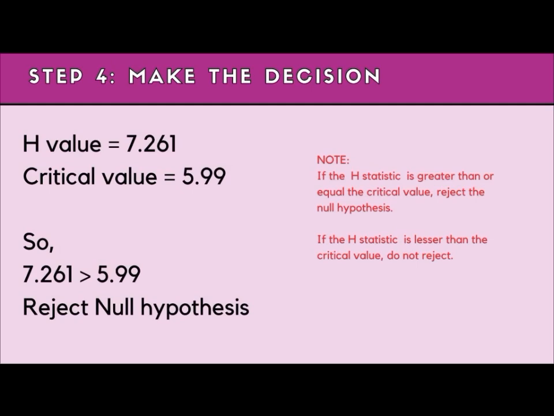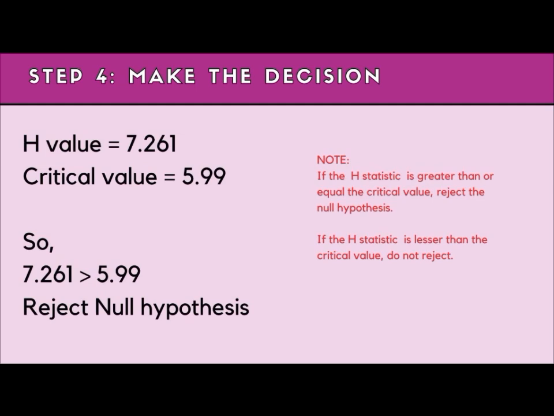Okay, since we already have our H value or our test value and our critical value, we can now make our decision, which is step 4 of the process. So, we can obviously see that our H value is greater than our critical value. So, basically, our decision would be, we will reject the null hypothesis.